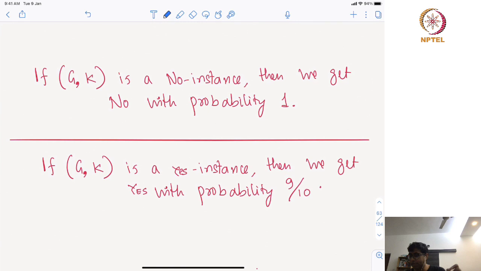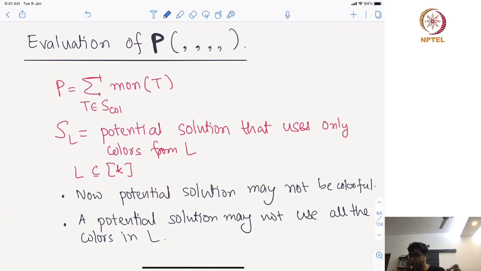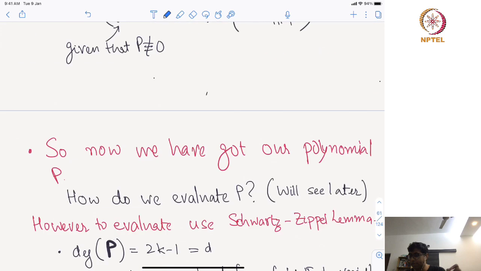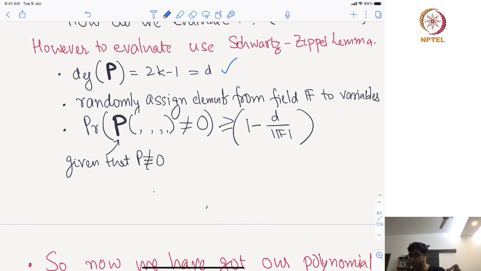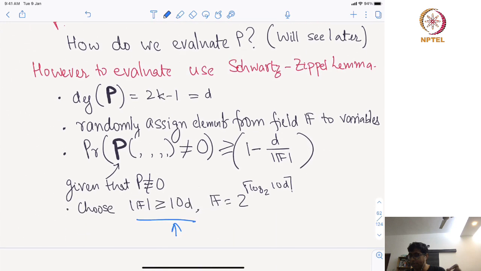And if it is not identically 0, then if you do this random evaluation, you will say yes with probability 9/10. Okay. So that is it. How we evaluate P, we will come to this, but this is how we will do it. We will apply the Schwartz-Zippel Lemma. We know that its degree is 2k minus 1, we choose a field F of size at least 10d, and we will do this.